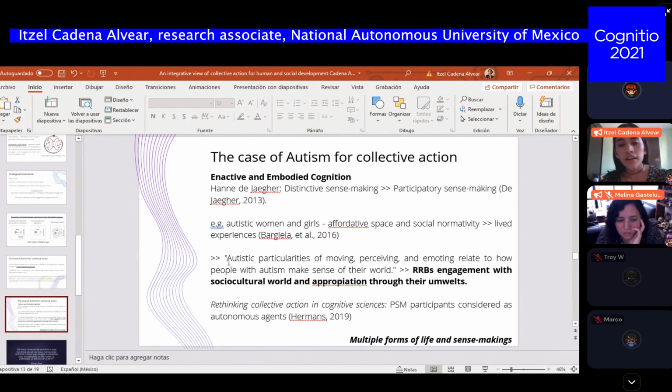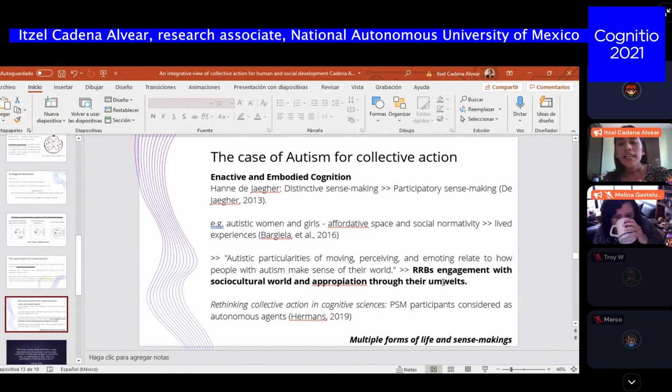So, Hanne De Jaegher says that autistic particularities of moving, perceiving, and emoting relate to how people with autism make sense of the world. So, the restrictive and repetitive behaviors could involve an engagement with the sociocultural world and also an appropriation and an affective discharge through their umwelts.